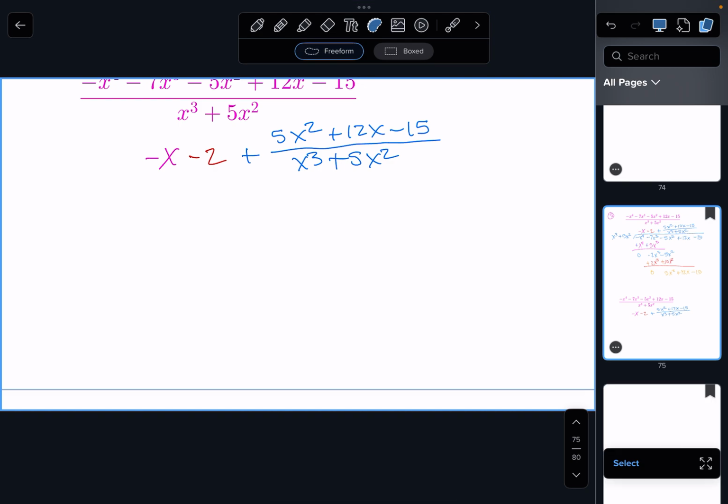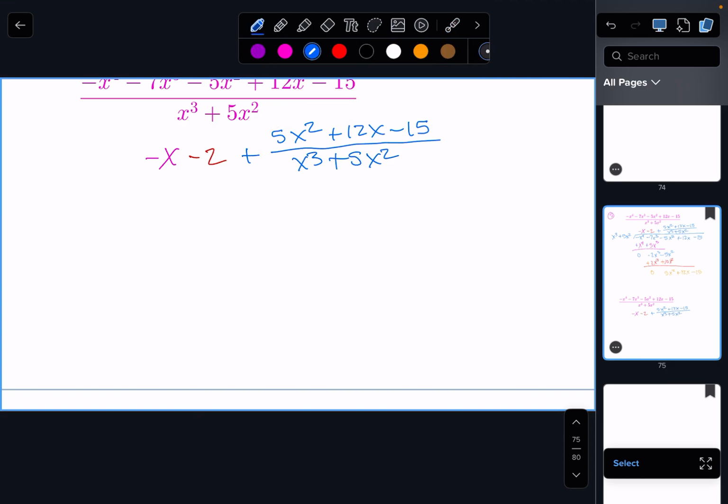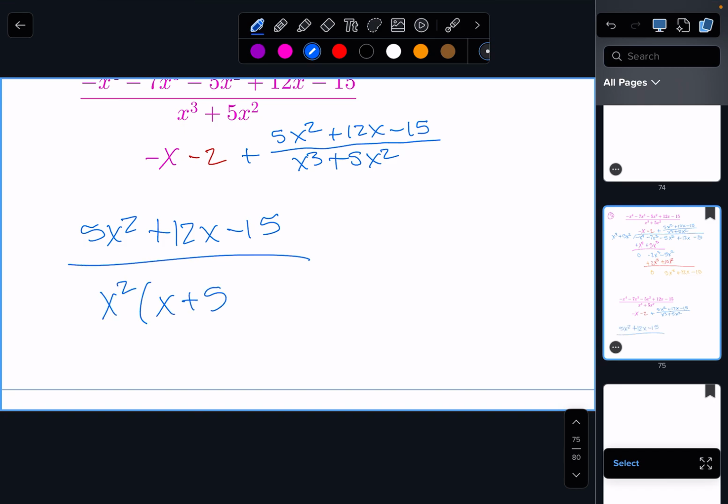So we have to do partial fraction decomposition with this part of it: 5x squared plus 12x minus 15 over x squared times x plus 5.